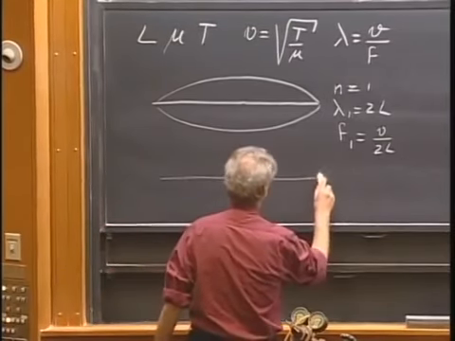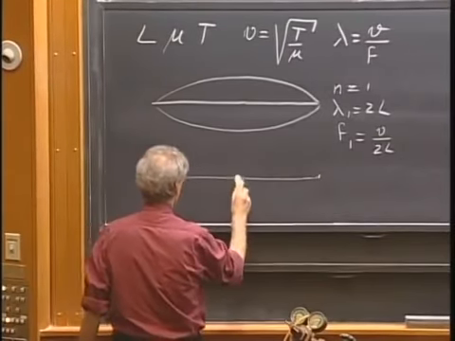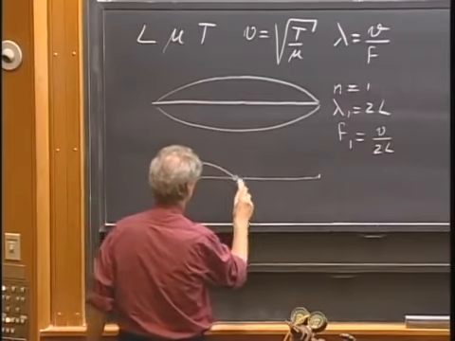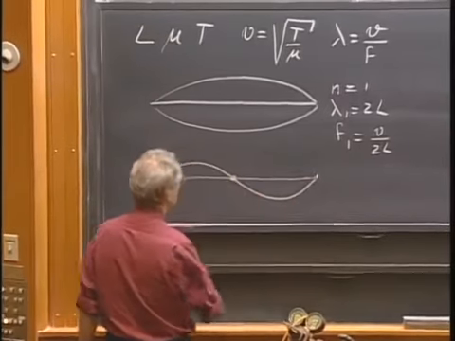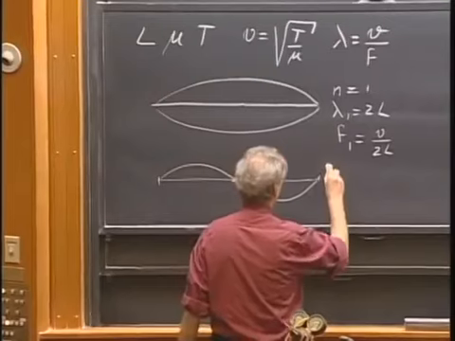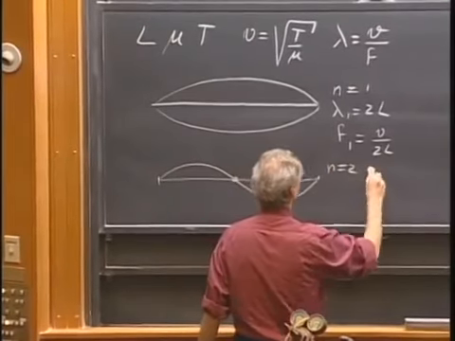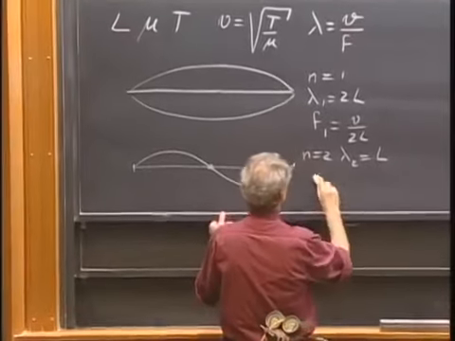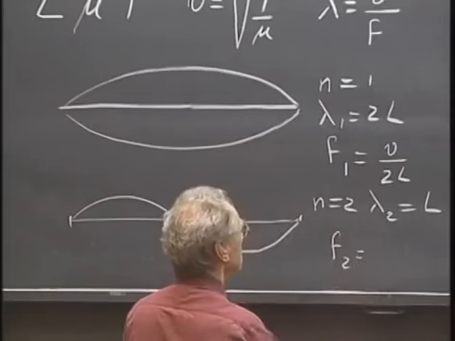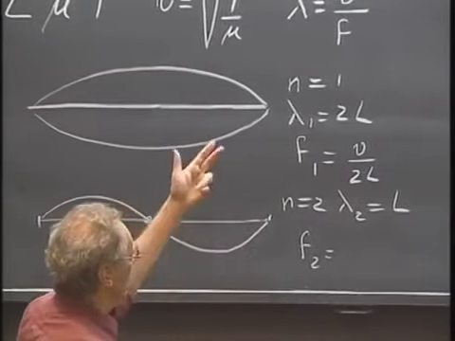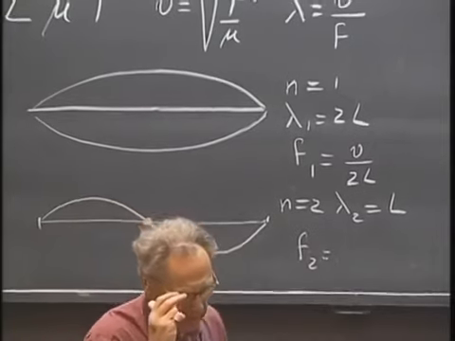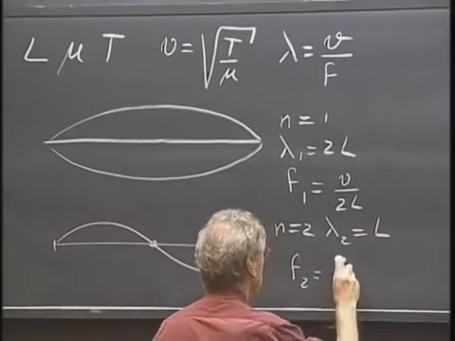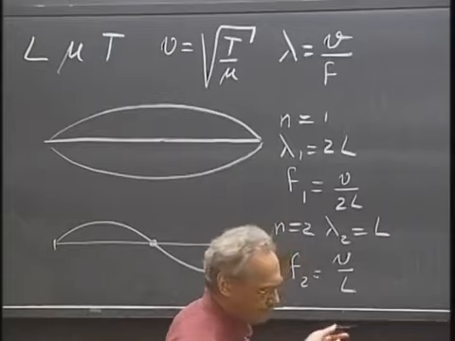If we go to the second harmonic, then the picture changes. We get a node in the middle, and so we have here n equals 2. So lambda 2 is now L, and so F2 is again V divided by the wavelength. So that becomes V divided by L.